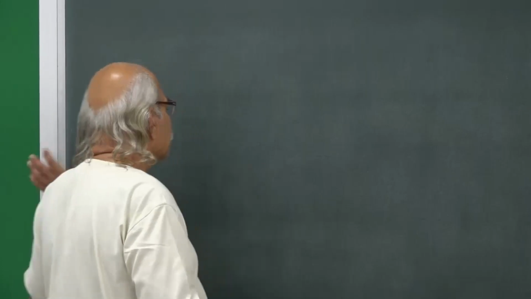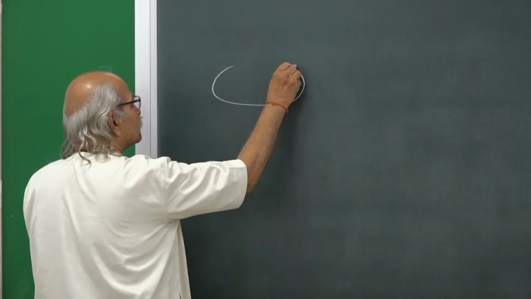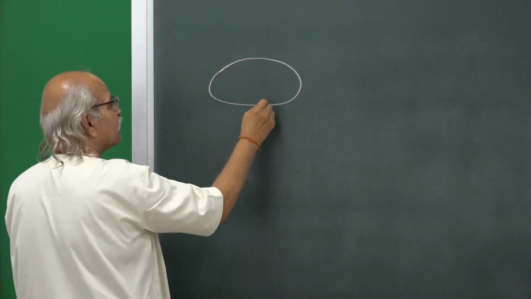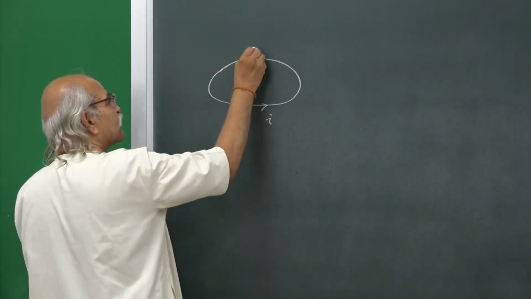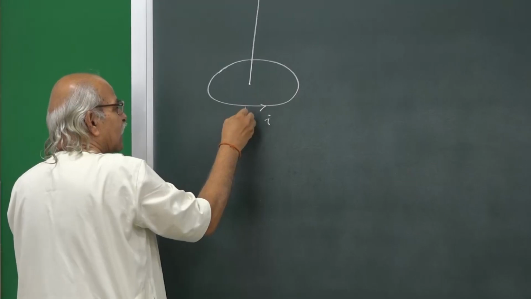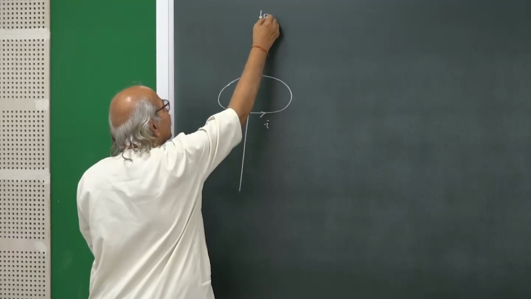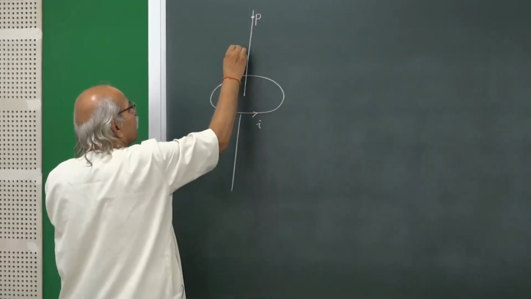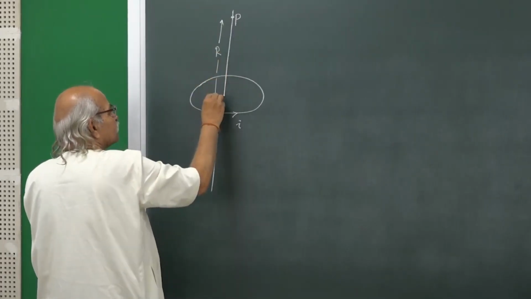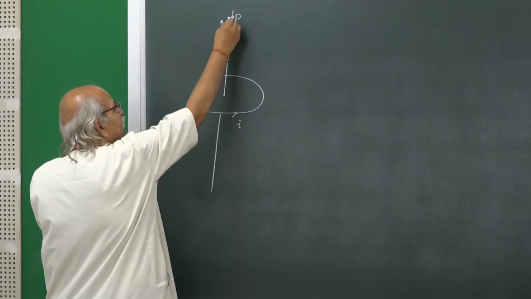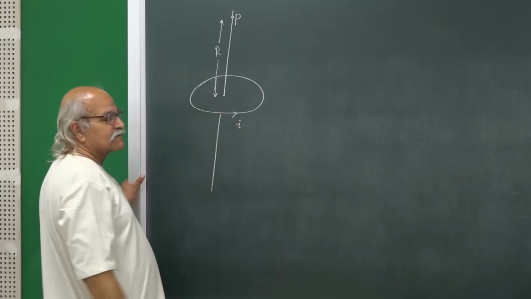So, essentially we have a circular loop, and in that circular loop we assume that we have a current, and then here is the center of the loop, and this is the perpendicular, this is the axis of the loop, and on this axis there is some point P at a certain distance, let us say r, from the center of this current, and here we need magnetic field because of this.